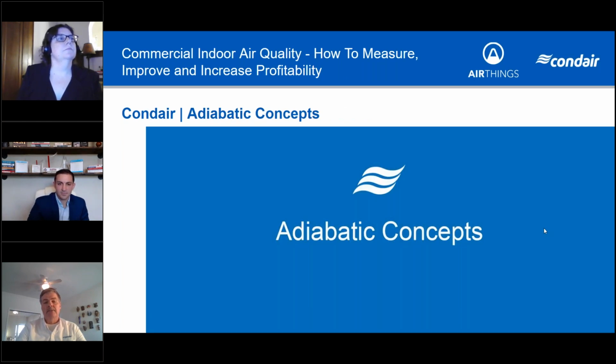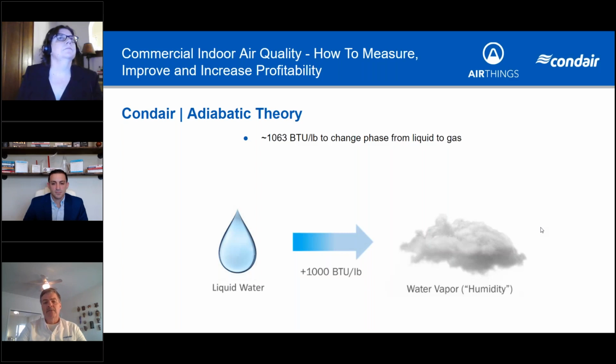With the adiabatic concept, sometimes people really aren't familiar with what that means. It's just simply a phase change from liquid to gas. We're moving water to vapor. Here, the issue with steam humidifiers, which is what most people are very familiar with, is that you're boiling the water to achieve that phase change.